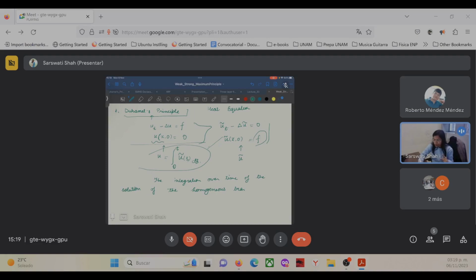You have to transform this to get this. So the homogeneous transformed heat equation's solution, integrated over time, is the solution of the given non-homogeneous equation with zero initial data.